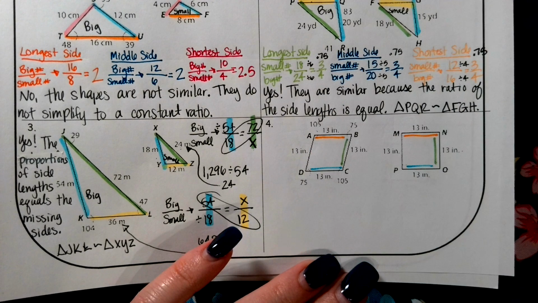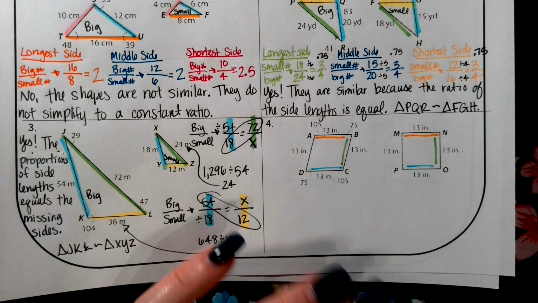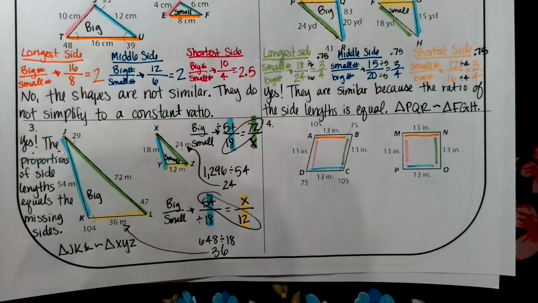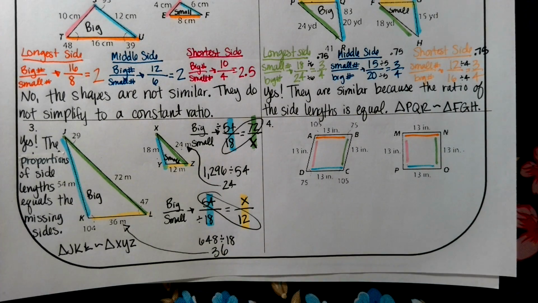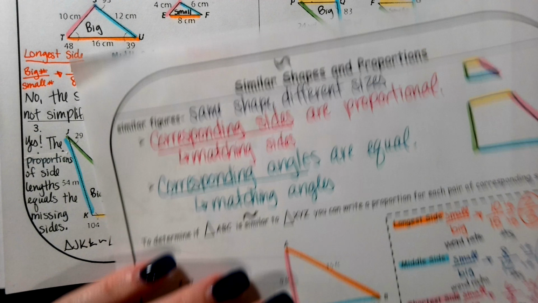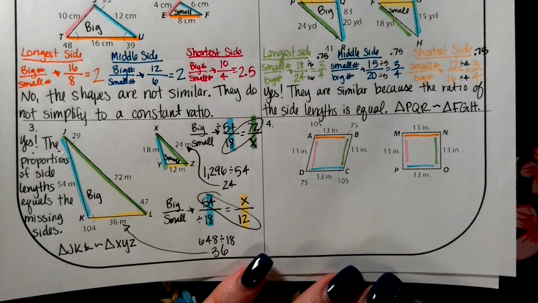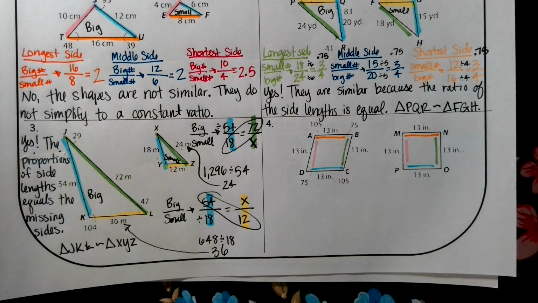But are those 2 shapes the same? No, why not? How can you tell? Those corresponding angles must be equal. So if I take a look here, oh, excuse me, I burped a little bit. Does this angle match this angle?